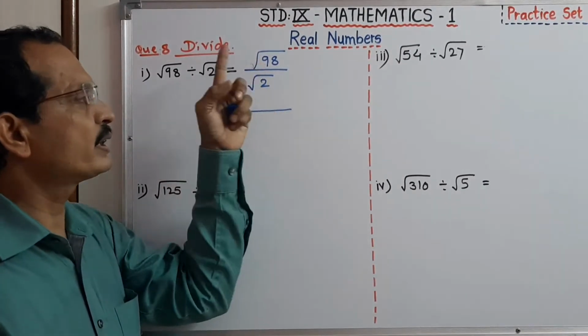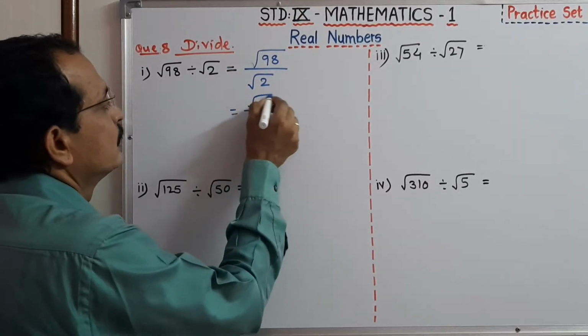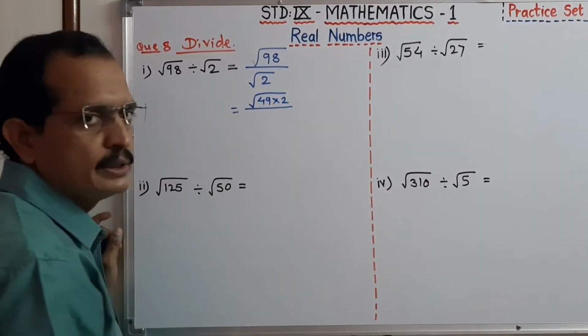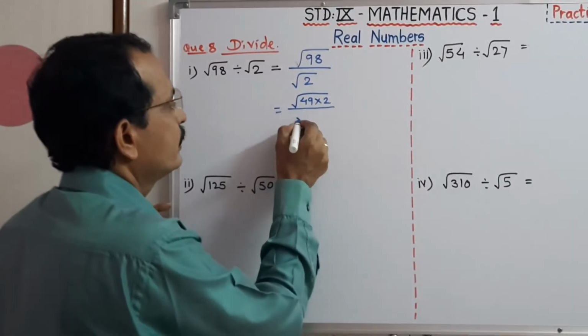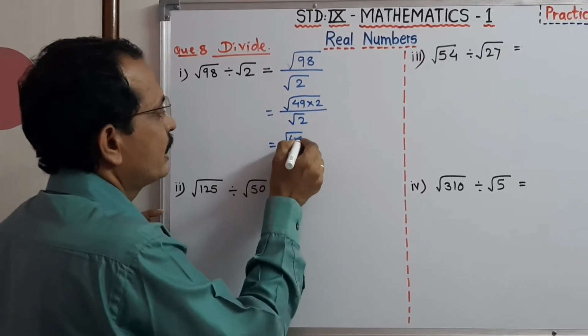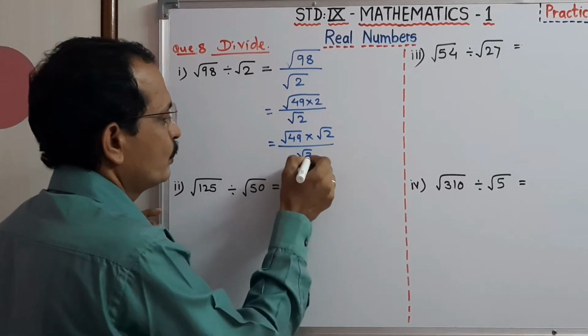Now tell me the factors of 98. It is 49 into 2, isn't it? Yes, it is 49 into 2, and here it is root 2. Dear student, we write root of 49 into root 2 upon root 2.